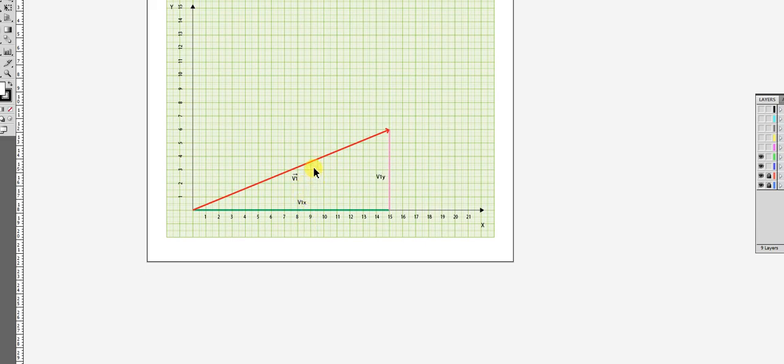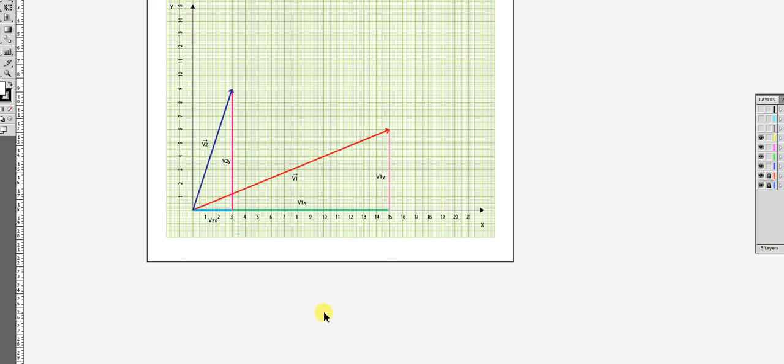Vx is V cosine theta, Vy is V sine theta. So I have the values, the components of the vector. And I have V2, and I have the components of V2. That's correct, Adil. You need the angle, or the vector will be written in such a way that you know the x-axis and the y-axis. We'll come to that.